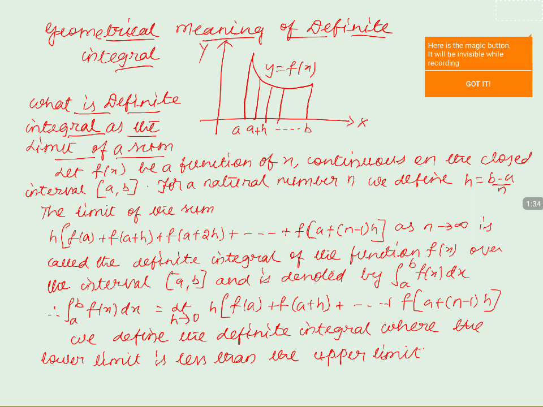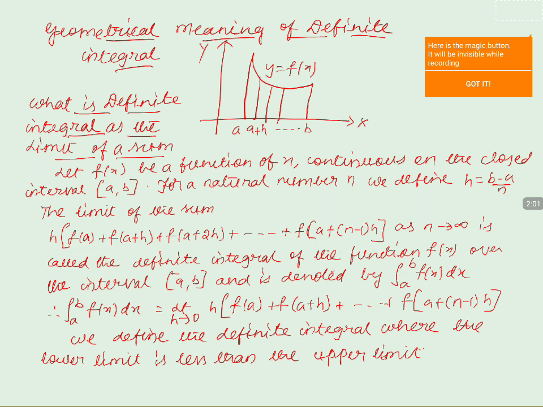We'll get the last one as f of a plus n minus 1 into h. If you observe, a plus h, a plus 2h, a plus 3h, so on, a plus n minus 1 into h, these are all in arithmetic progression, and the condition is n tends to infinity. As n tends to infinity, we will call this integral a definite integral of the function f of x.